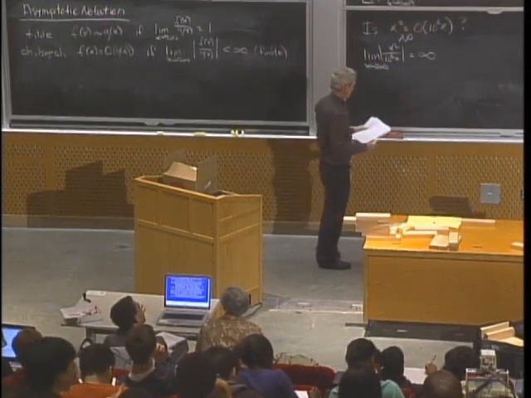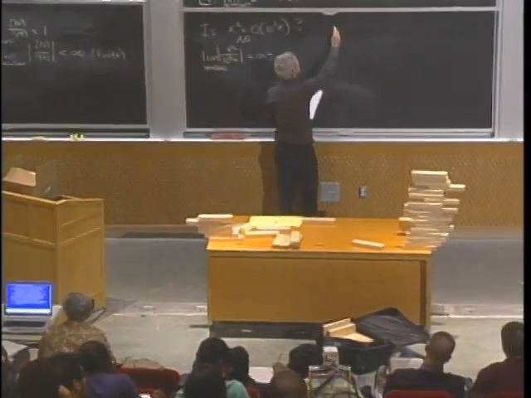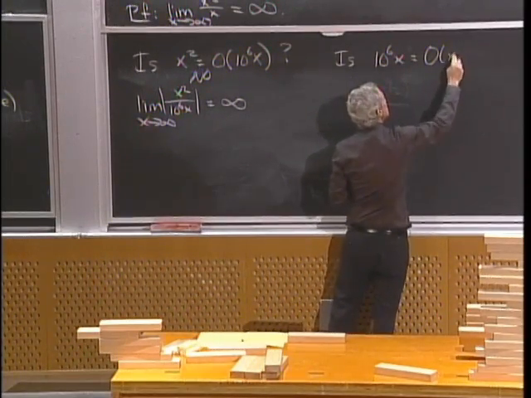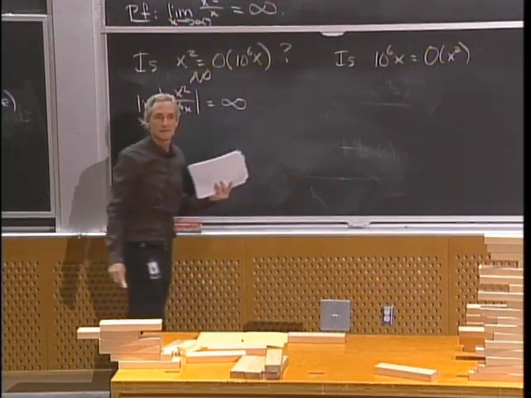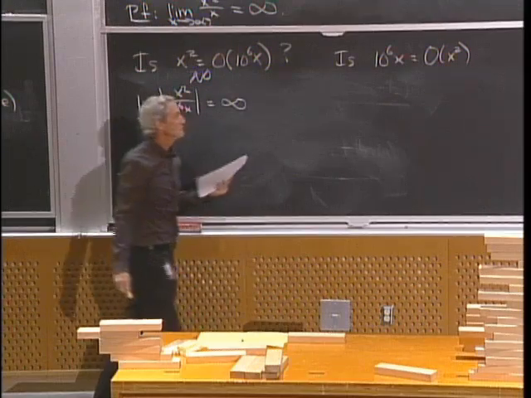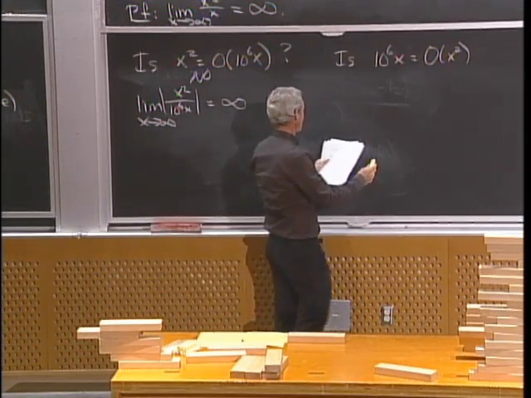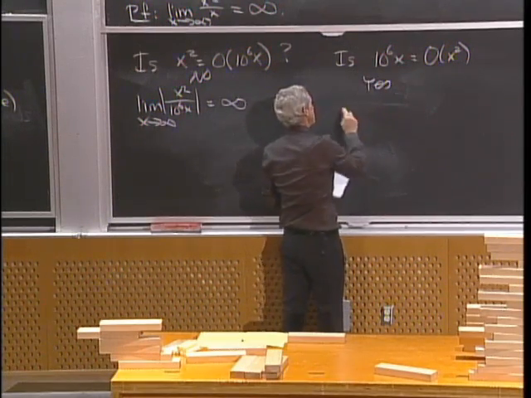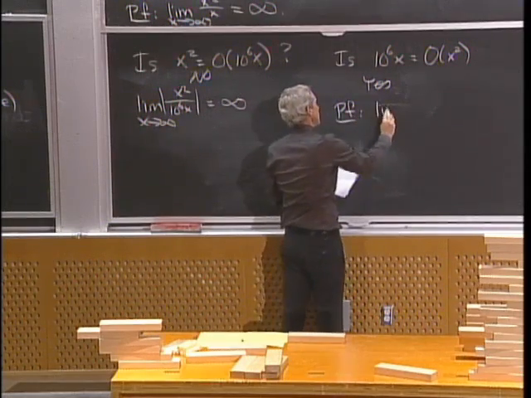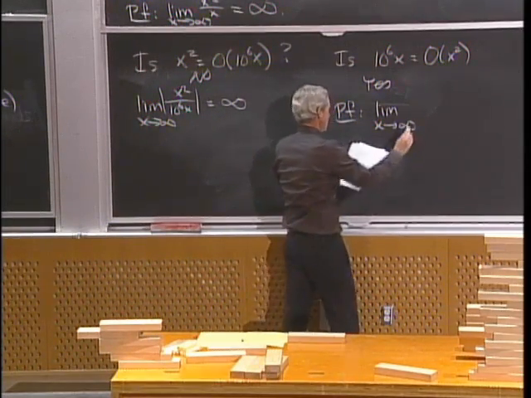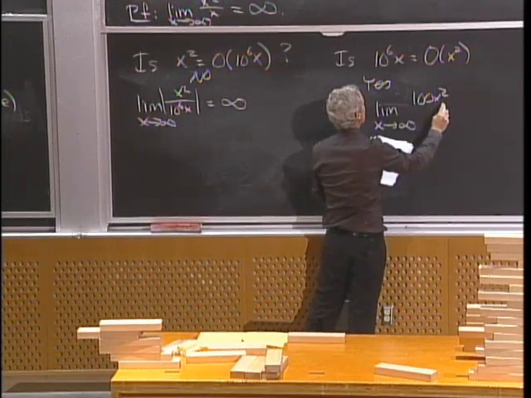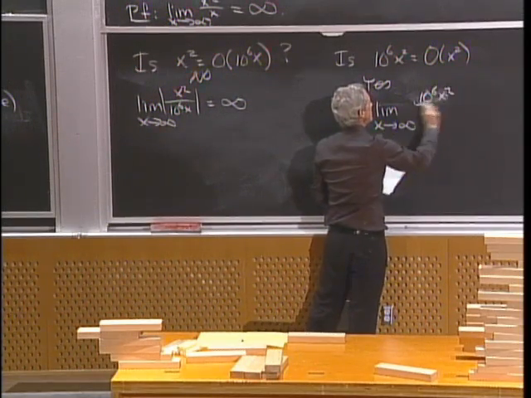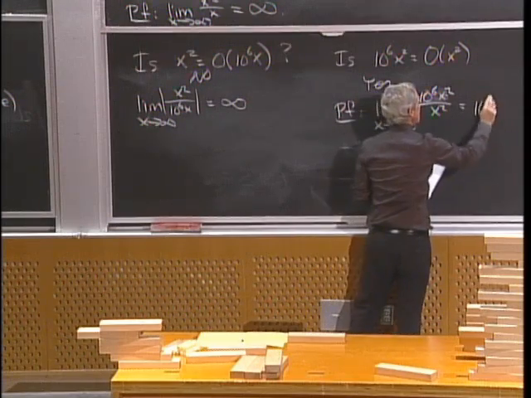All right. What about this? Is 10 to the 6x equal O of x squared? Yes, because you just ignore the constant. That's what the big O is for and why it's used all the time in computer science. So yes, that's true. The proof is very simple. The limit as x goes to infinity of 10 to the 6x squared over x squared is 10 to the 6th.